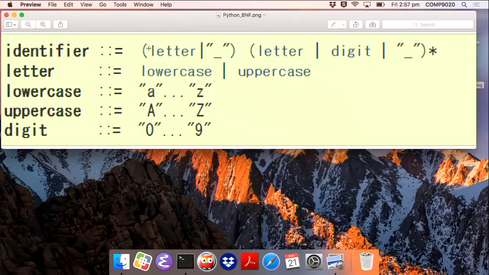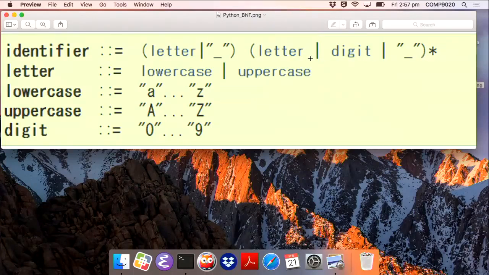This has to be present in every identifier, so you can't have the empty word as an identifier, and clearly that doesn't make sense in a Python program. And then this letter or underscore can be followed by letter, digit, or another underscore as many times as you wish. And this is what this star here stands for.